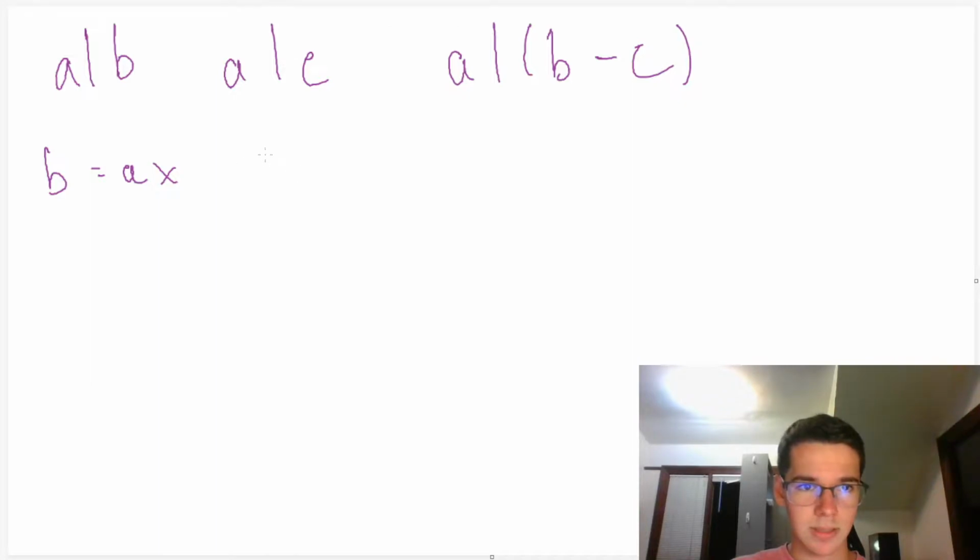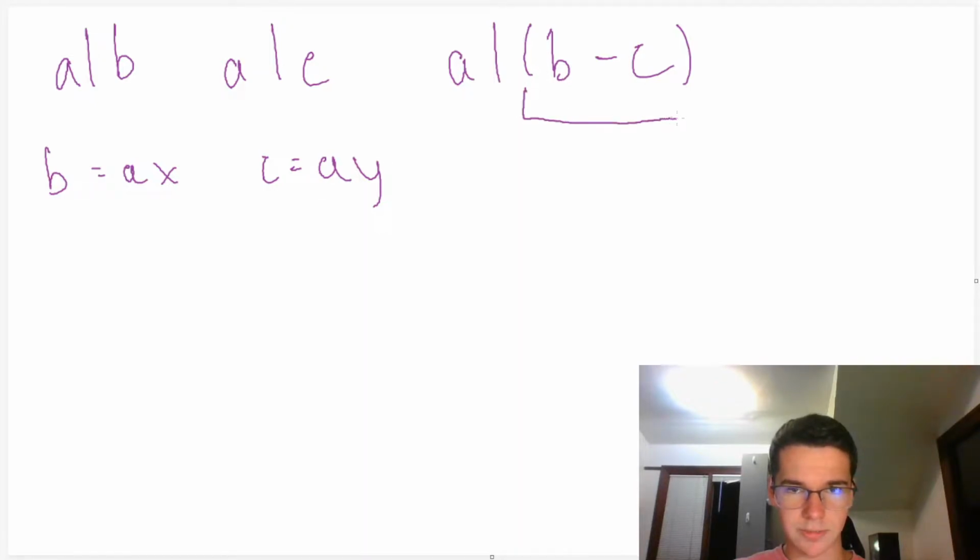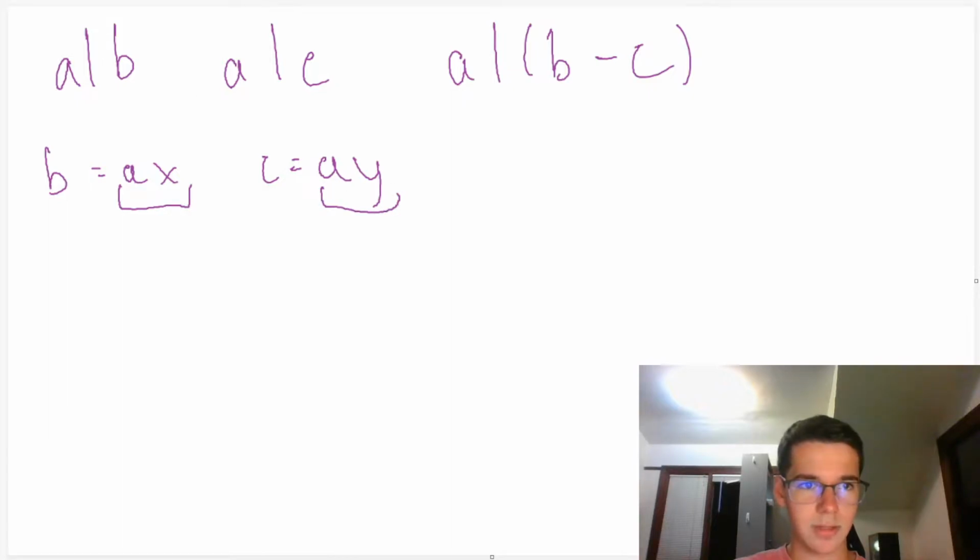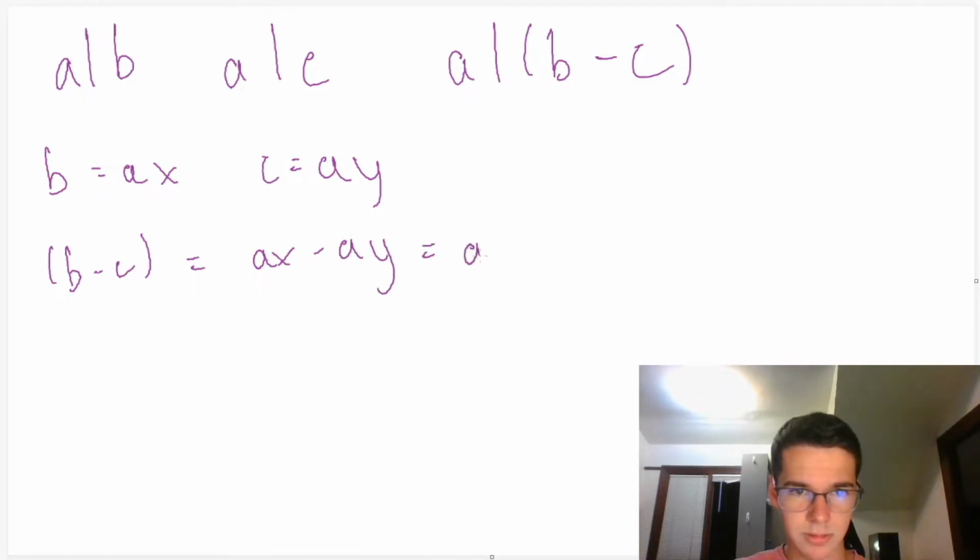Similarly, c is equal to some multiple of a, and we'll call that multiple y. If we take this equation and substitute these values in, we'll say b minus c is equal to ax minus ay, which is equal to a times x minus y.